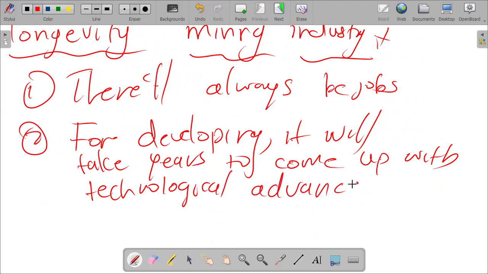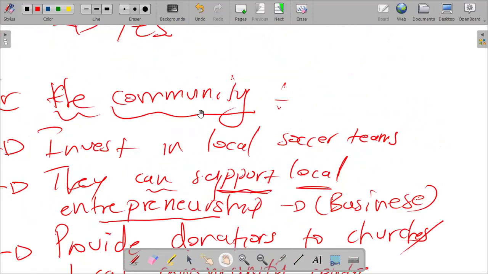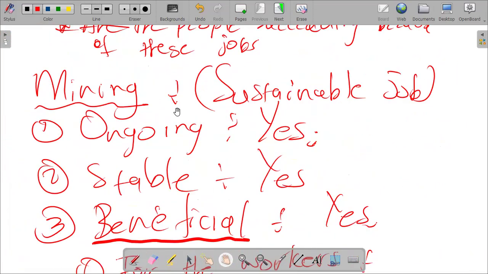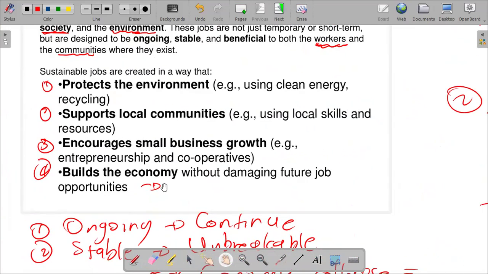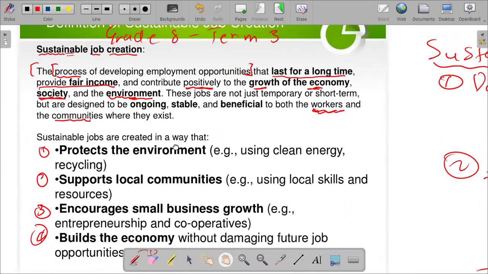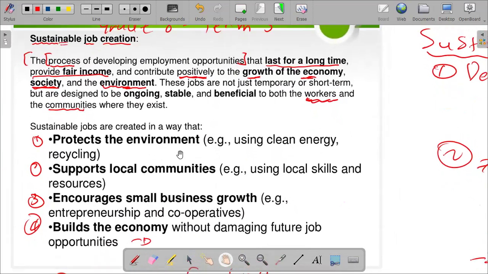All right. It will take years for certain countries, like for instance, South Africa, to come up with those. So in that case, for a country starting a mining company, it has the potential to build the economy without damaging any future jobs because people will always have jobs. All right, so that's the whole definition of what a sustainable job creation looks like.